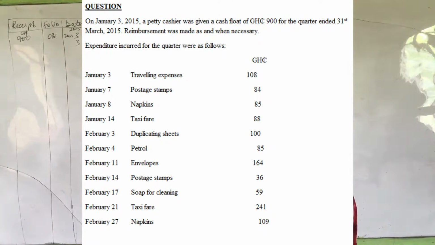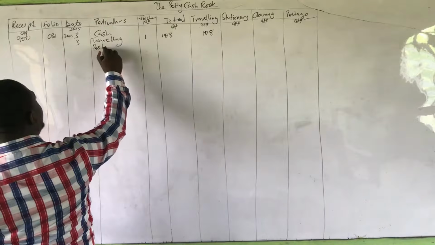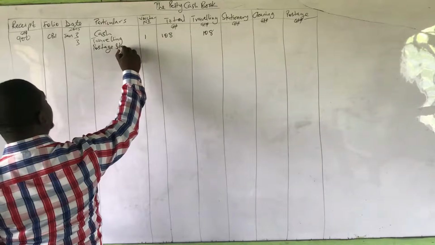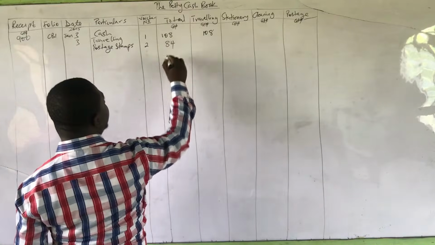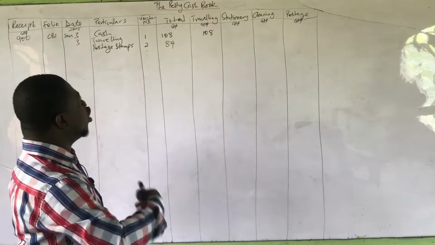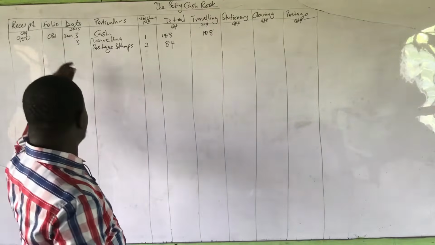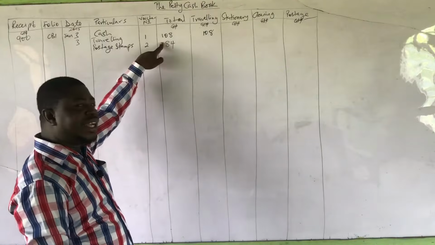So on January 7th, postage stamps 84. So postage stamps, and the voucher number will be 2. 84 Ghana cedis. Now, remember that I told you that as you continue to solve, you add up. Now we have a cash float of 900. We have already spent 108 out of that.